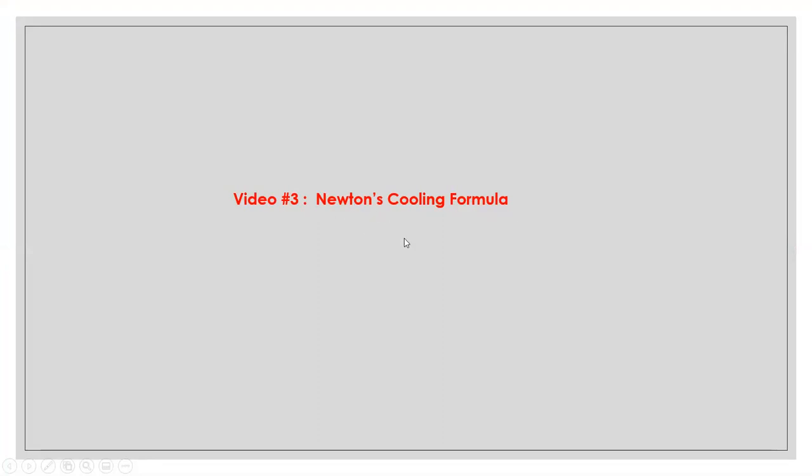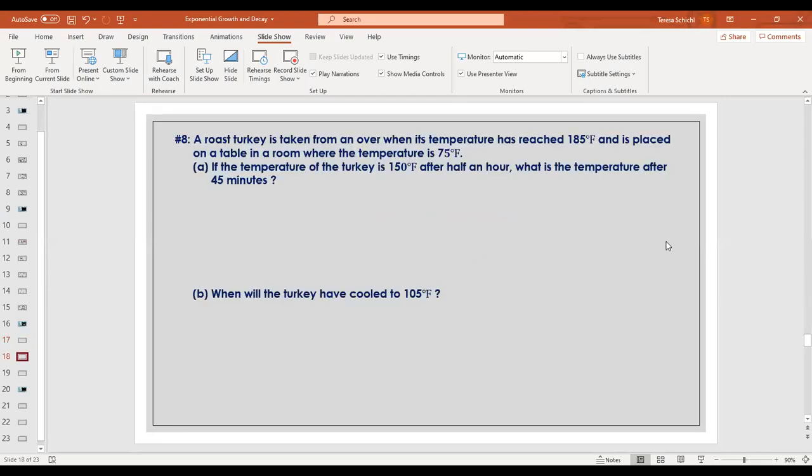Here is Newton's cooling formula and how do we do it. Okay, so let's take a look here. Let's say a roast turkey is taken from an oven when its temperature has reached 185 Fahrenheit and is placed on a table in a room where the temperature is 75 Fahrenheit.